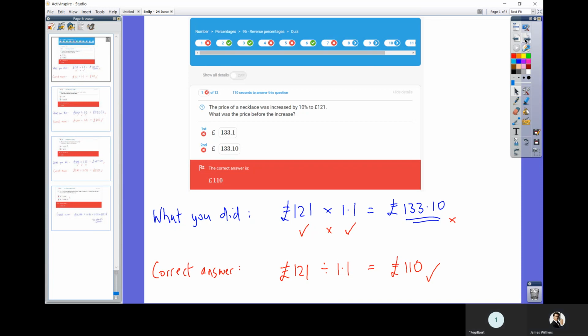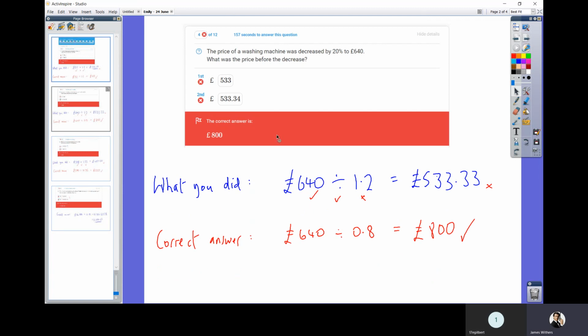Well done. Now on question 4, you got the first step wrong. You didn't read the question correctly. You were absolutely right to take the £640, and you were absolutely right to divide, but you misread the question. The question says the price of the washing machine was decreased by 20%, not increased.